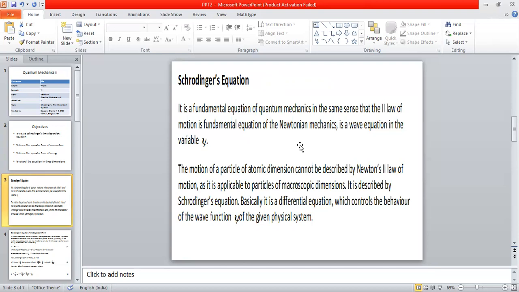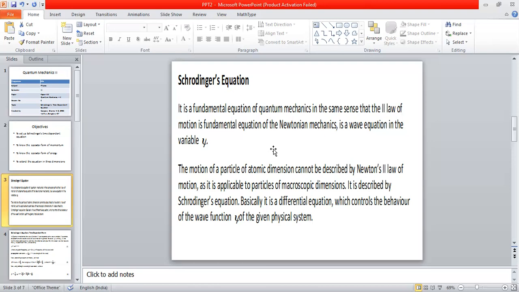Similar to Newtonian mechanics, even in quantum mechanics, we have a fundamental equation. And that fundamental equation in the case of quantum mechanics is what we call Schrodinger's equation. Basically, it is a wave equation for the wave function psi. So we can say that Schrodinger's equation is a fundamental equation of quantum mechanics.